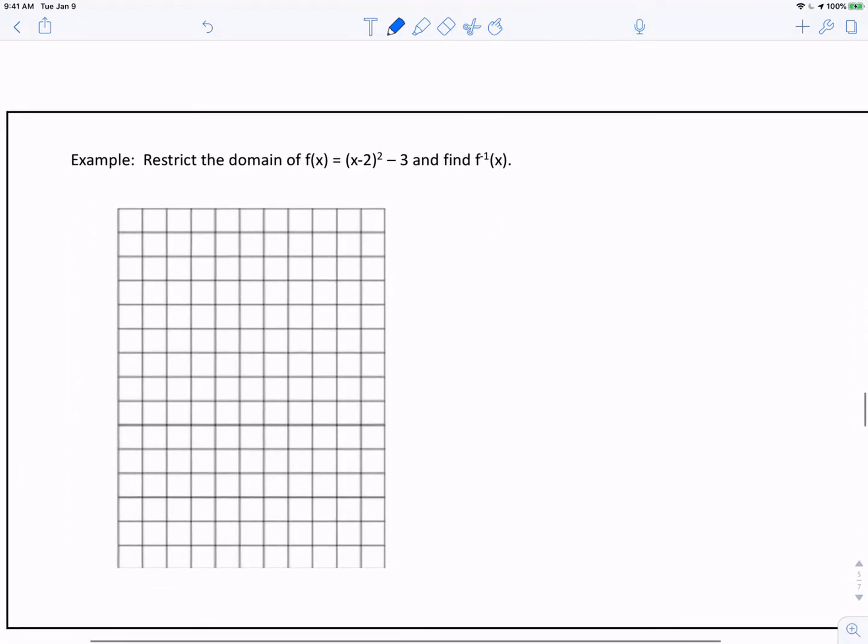One more example. Restrict the domain of f of x equals (x minus 2) squared minus 3 and find its inverse. So the first thing we want to do is graph this. This is going to require that we remember our function transformations. So what has happened to our parabola?